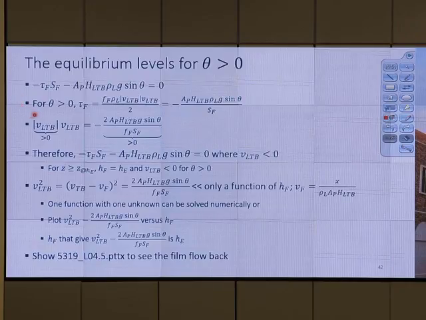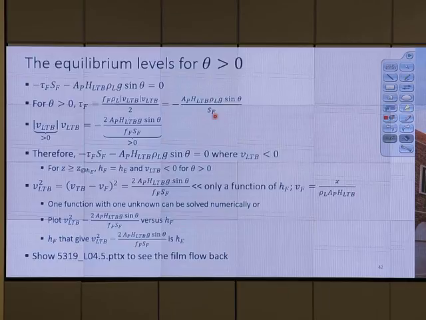So I put here that for theta greater than 0, tau film is 1/2 f rho absolute value of v multiplied by v, equal to, putting this to the right hand side, A_P h rho g sine theta divided by S_F.